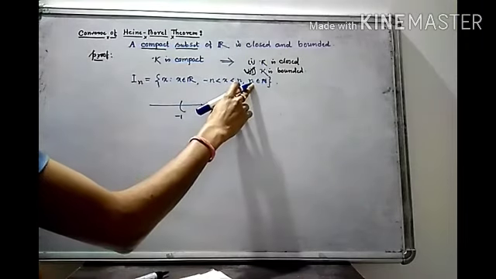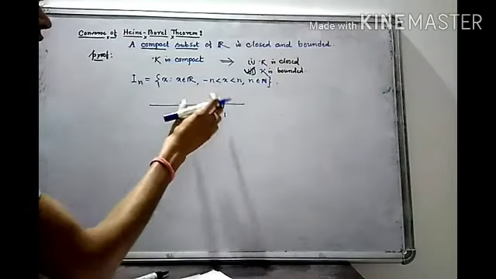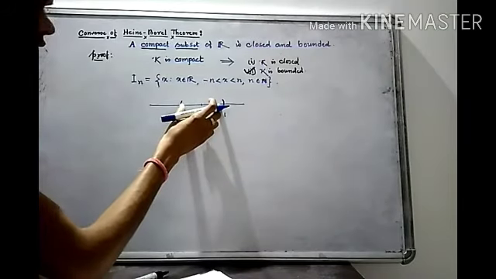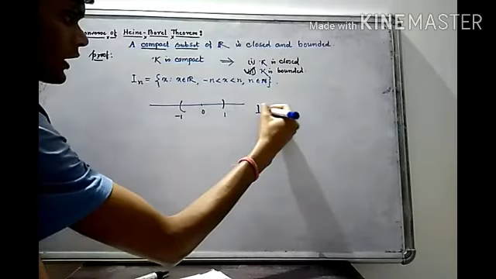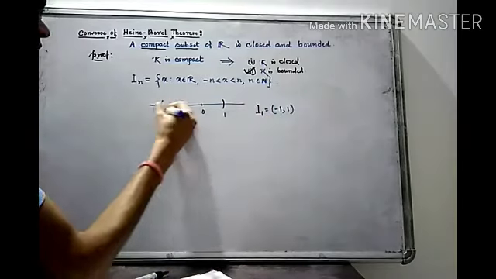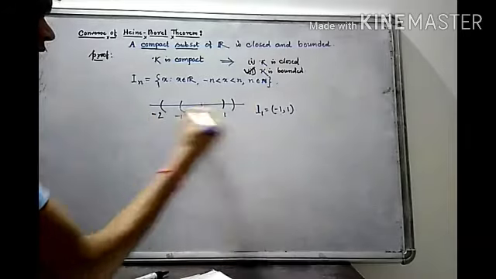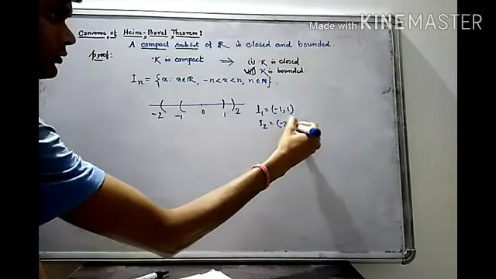If we take n as a natural number, so if we take 1, this open interval from minus 1 to 1 is your I1. What is I1? I1 is the open interval minus 1 to 1. I2 is minus 2 to 2.